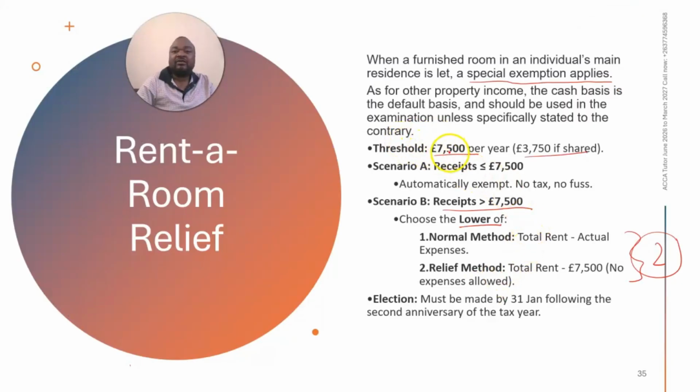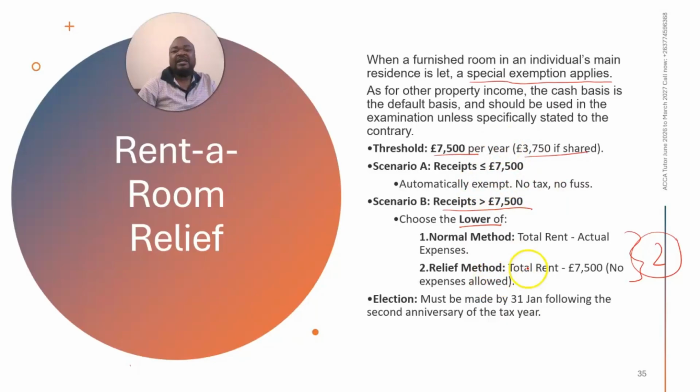The first scenario is where the receipts are less than 7,500. If the receipts are less than 7,500, it simply means that those receipts are not going to be taxed, because they are below the tax exemption, which is £7,500.